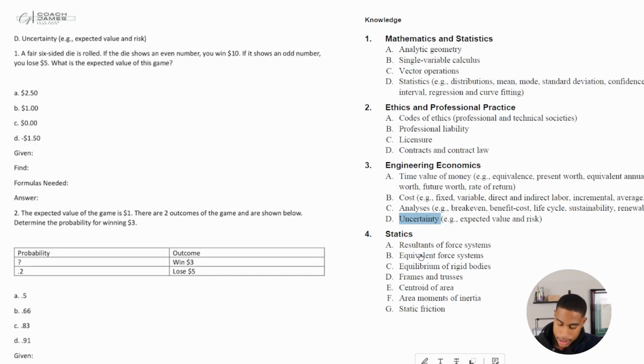Okay, so the information that we are given is, we know that we have a six-sided die. Okay. And we know that even, we win 10, odd, we lose 5.